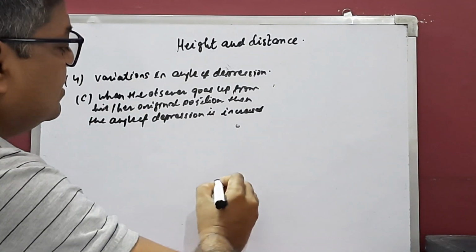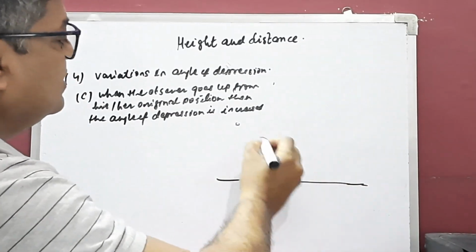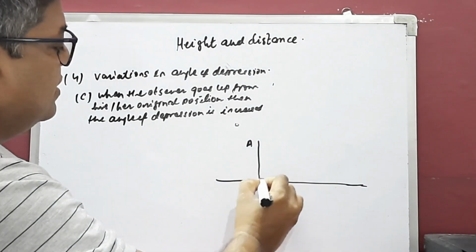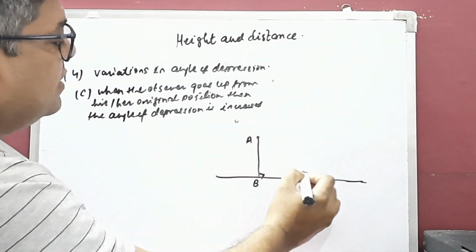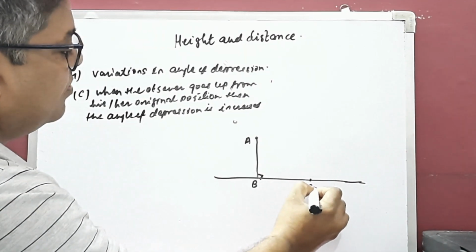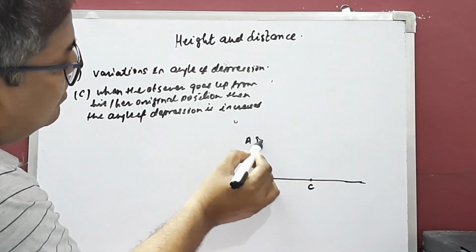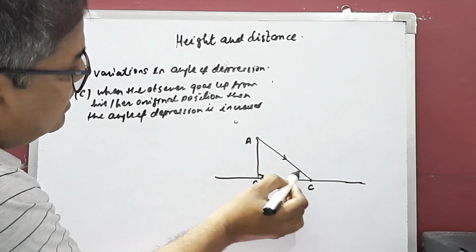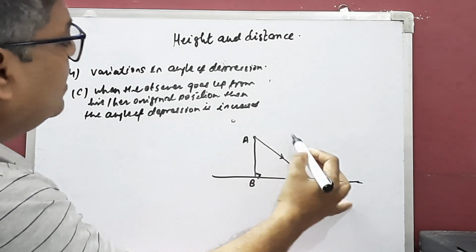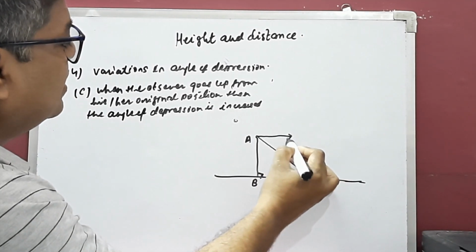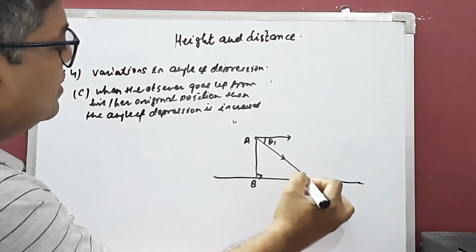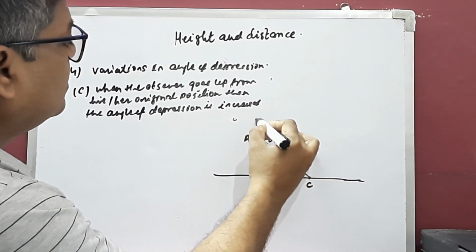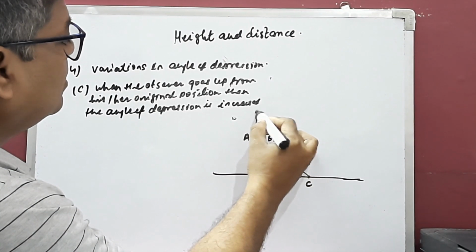For example, this is the ground surface, and this is the tower AB. An observer is sitting here, and he wants to see an object placed at C. Now the observer is watching this object along this line of vision, and this is the horizontal line. This is theta 1. Now the observer has gone here.